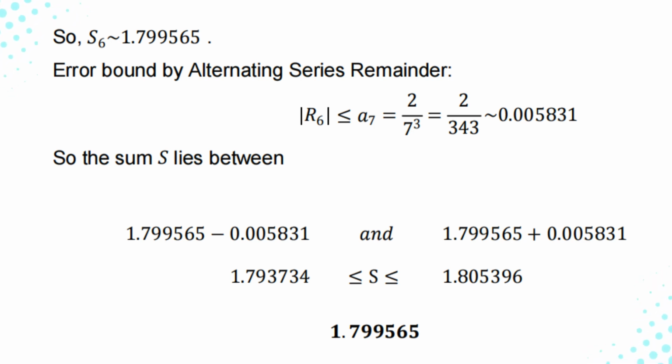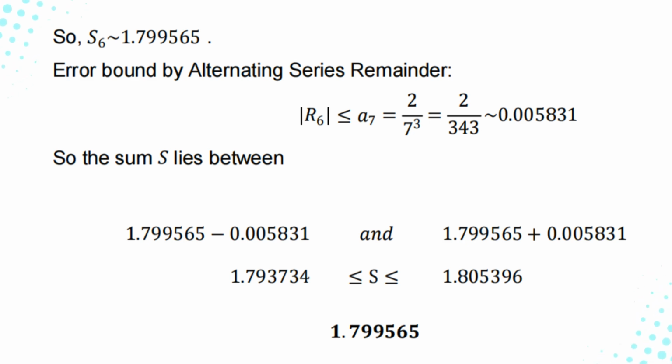The absolute value of R sub 6 is less than or equal to a sub 7, which equals 2 over 7 cubed, which is equal to 2 over 343. That is approximately 0.005831.